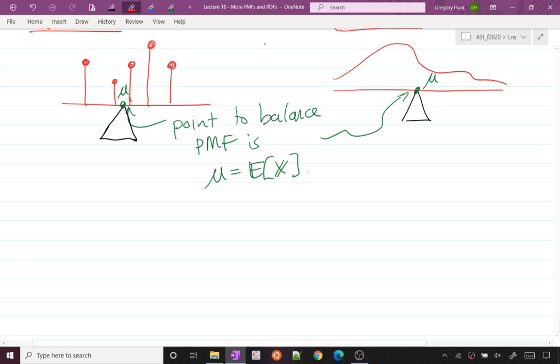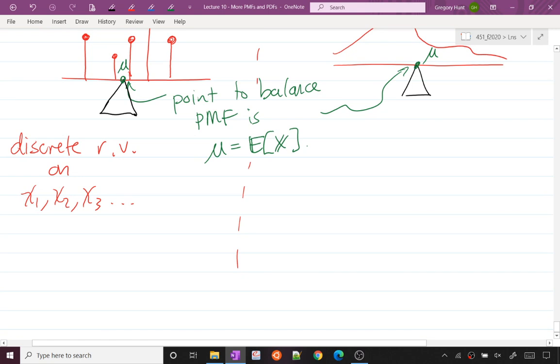Again, in the discrete case, and let's draw a little divider here. If I have a discrete random variable on some values, x1, x2, x3, etc., so this is my support, that is the place where the probability of finding x is not 0.